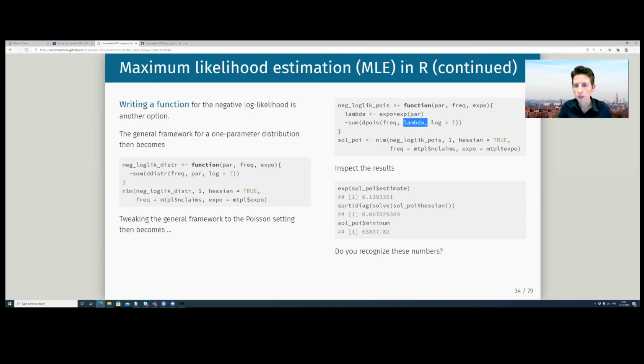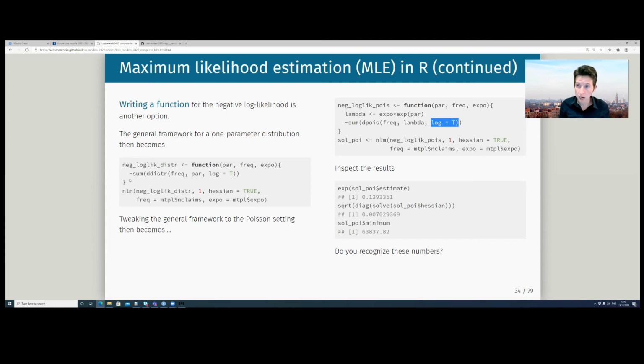And we can ask R to immediately calculate these probabilities at the logarithmic level. There is a built-in argument here, log is true. That means we're immediately going to take the logarithm of these probabilities, sum them all together and put a minus in front. That's exactly our definition of the negative log likelihood.